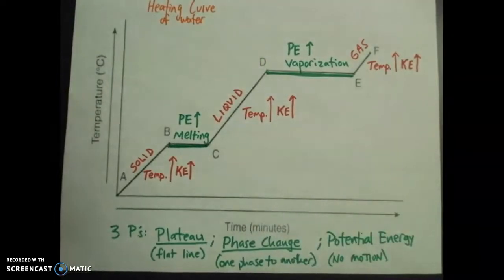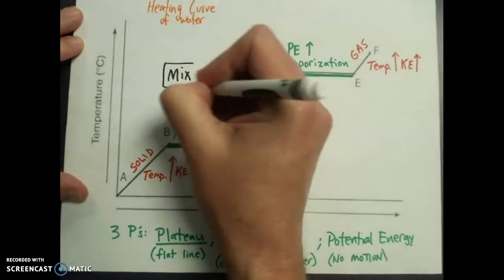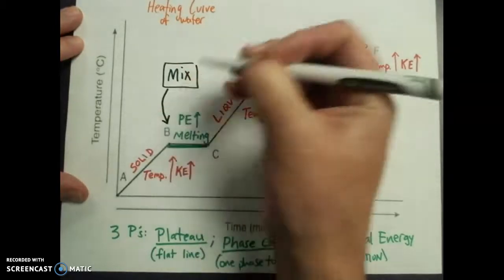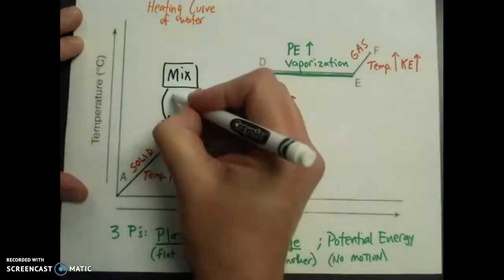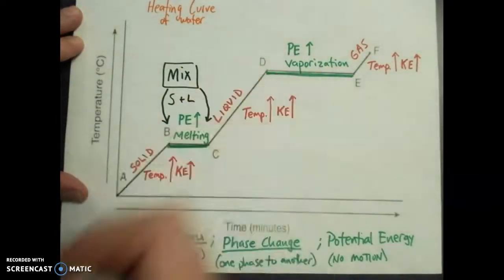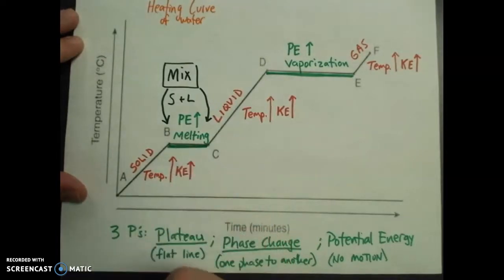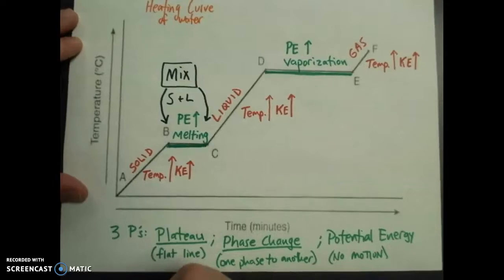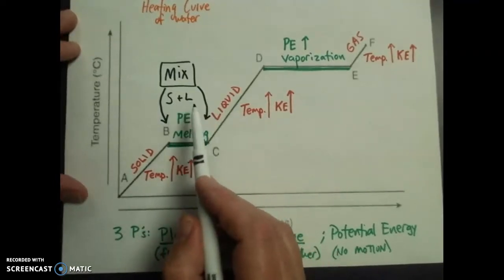Okay? The next thing I want to add to this graphic organizer is where we have a mix. Right here is a mix of solid and liquid. In this area, when we melted ice cubes as our lab, we saw that there was solid and liquid together at the same time.